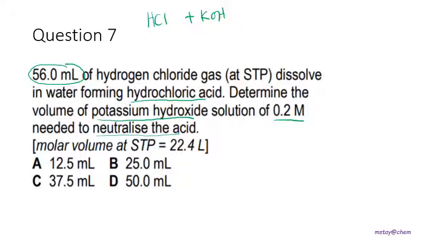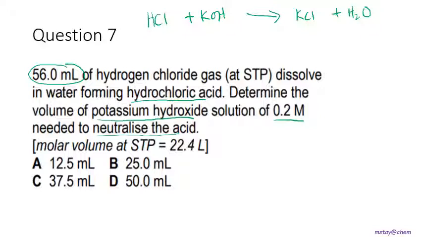But this question is different from the previous question because it does not give us the chemical equation, so you are the one who is going to write it. Hydrochloric acid reacts with KOH to produce KCl plus H2O, and this equation is balanced.